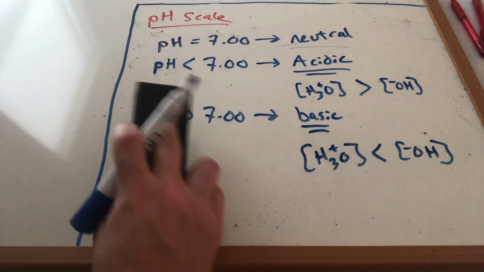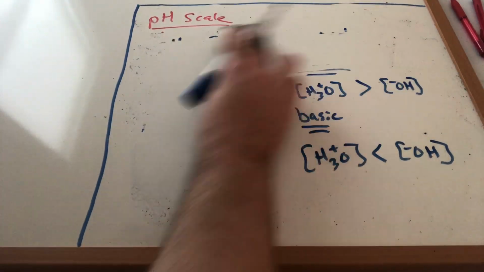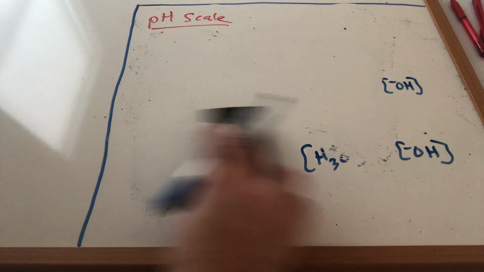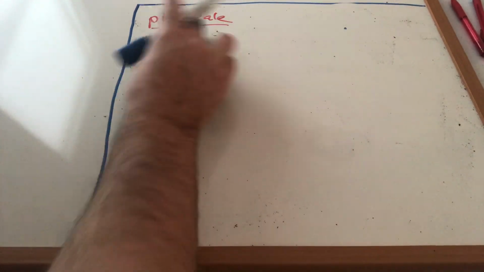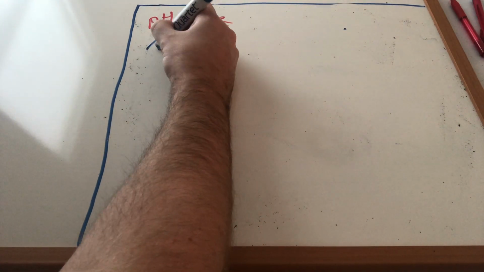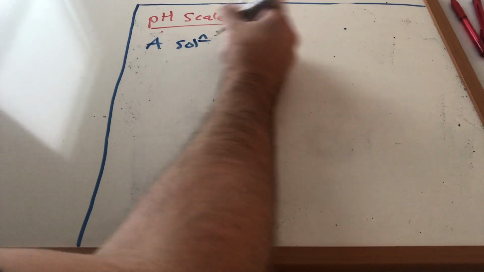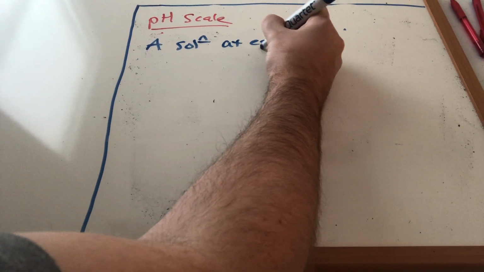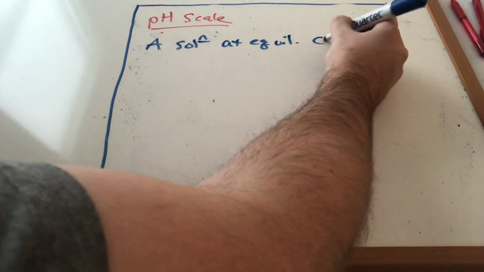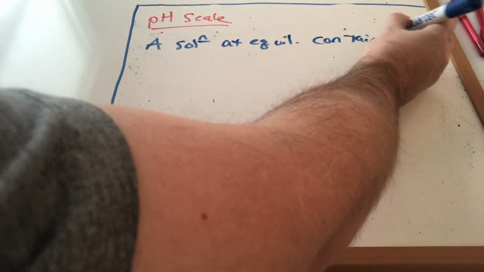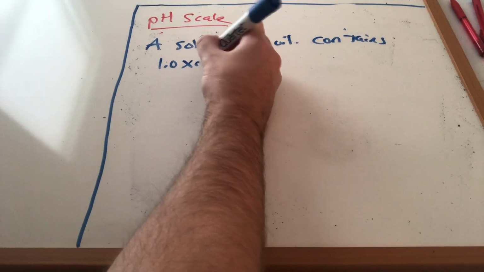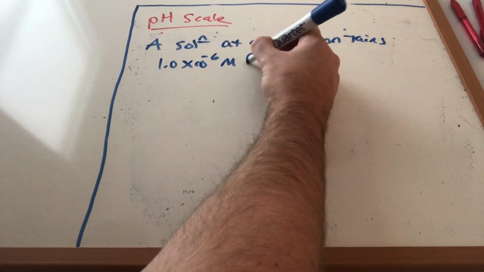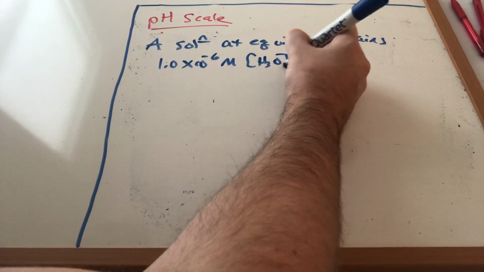Just to show you an example to work some numbers here: a solution at equilibrium contains 1.0 times 10 to the minus 6 molar H3O plus.